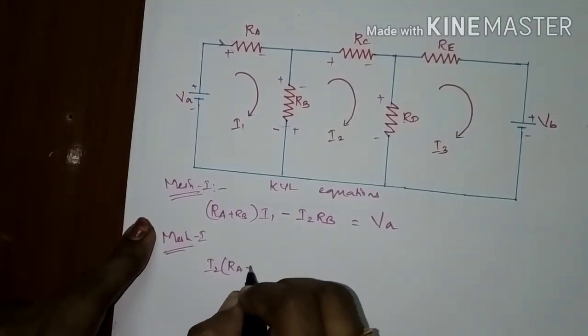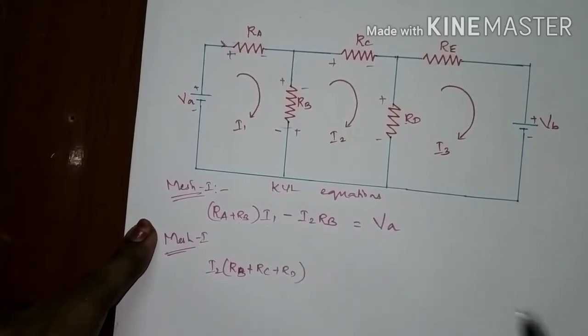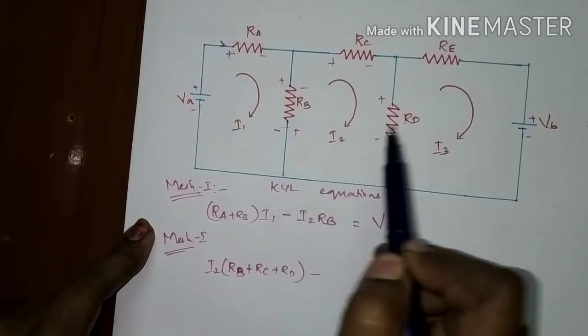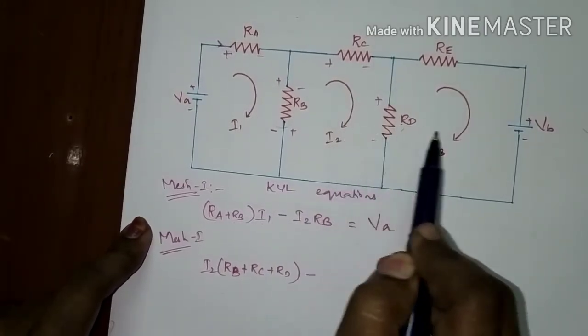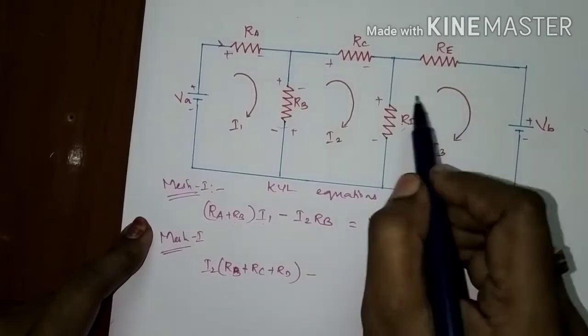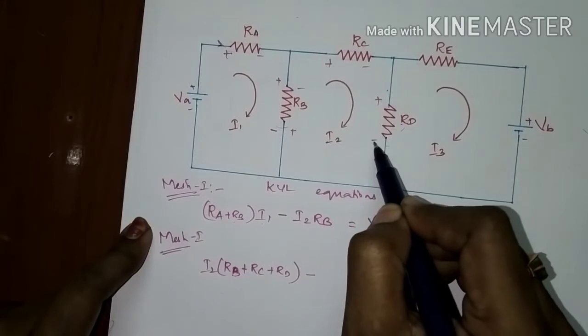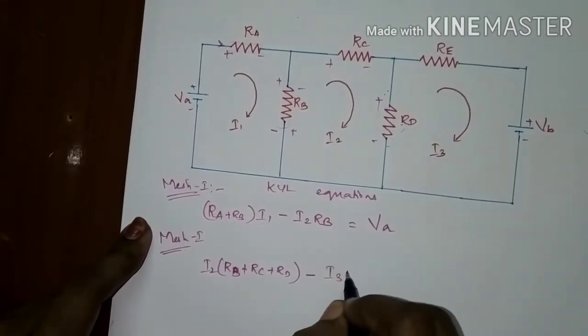So the summation of RB plus RC plus RD produces a drop. But in the case of common resistance, first take this RD resistance. RD is common to I2 and I3, that is, both the meshes. But this I3 produces a potential rise. It enters the negative and leaves the positive. So minus of I3 into RD.